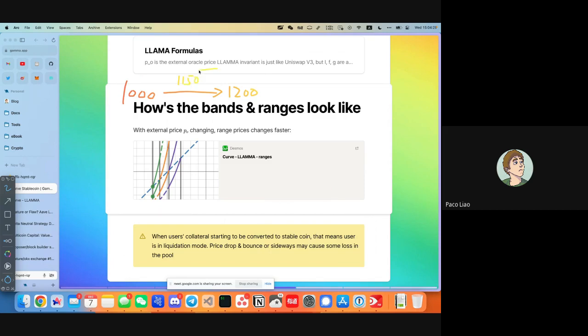And if the price goes back, the pool will sell the ETH, and the sell price may be lower, so the pool will have a loss. And if the price goes up and down, up and down, up and down, the pool will keep losing money.